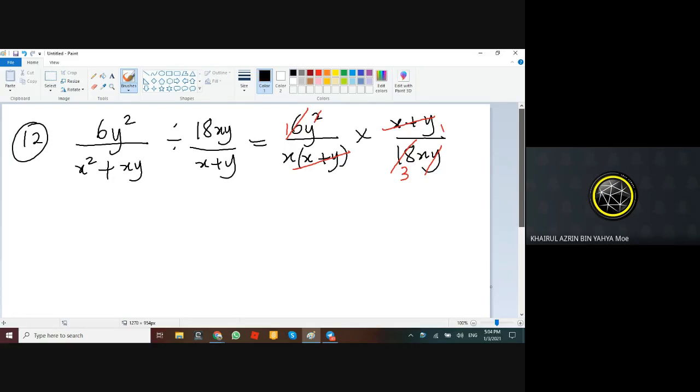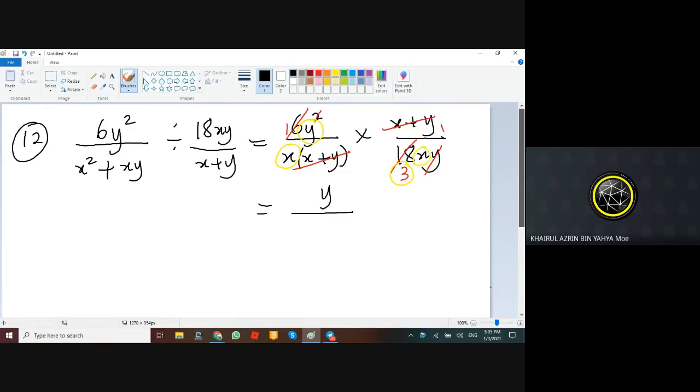Okay. Now we can write the answer. On the upper part, y times 1, so it should be y on the upper part. Here, you see, this one still got y. Over x times 3x. Let me circle this one. We have x, we have 3, and we have another x.